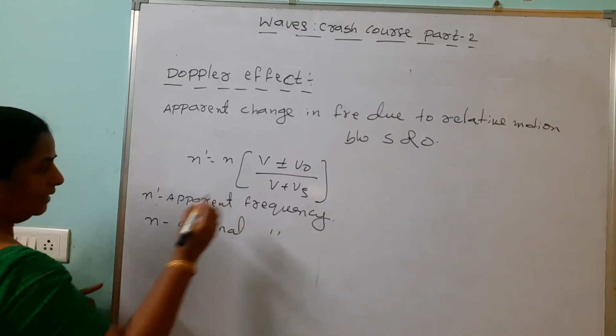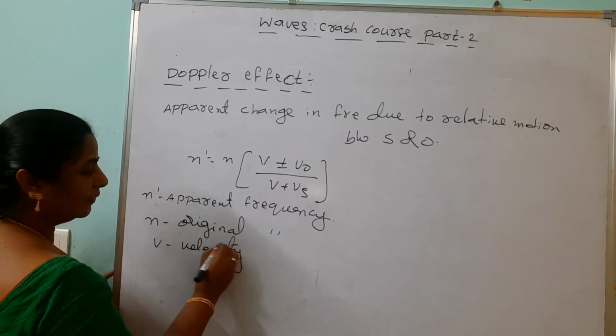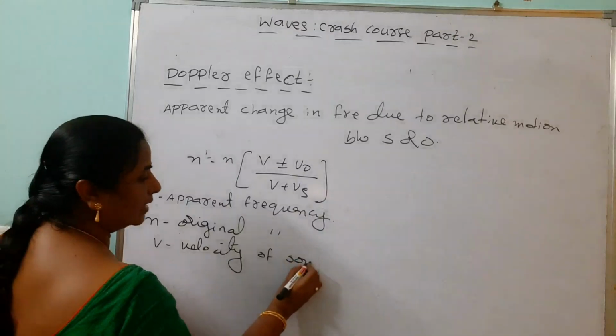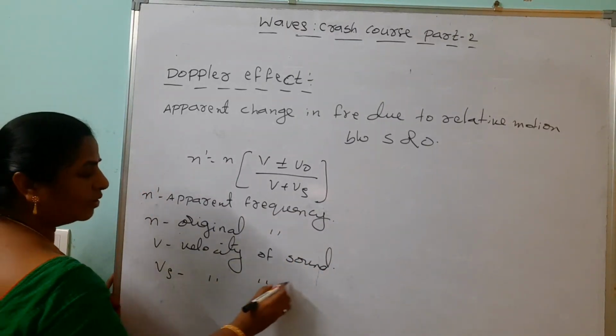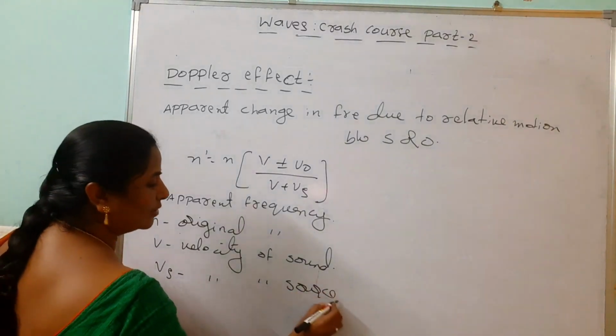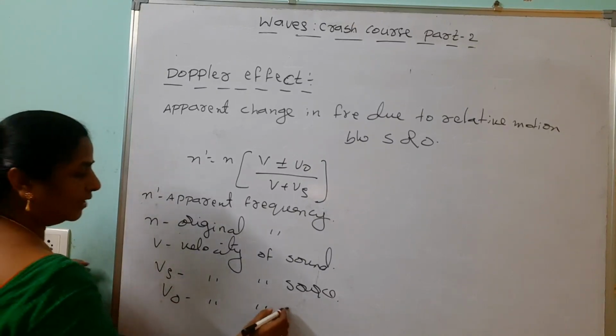V is the velocity of sound. Vs is the velocity of source, like the train, whatever is producing the sound. Even a bus horn you can take. Then V naught is the velocity of the observer.